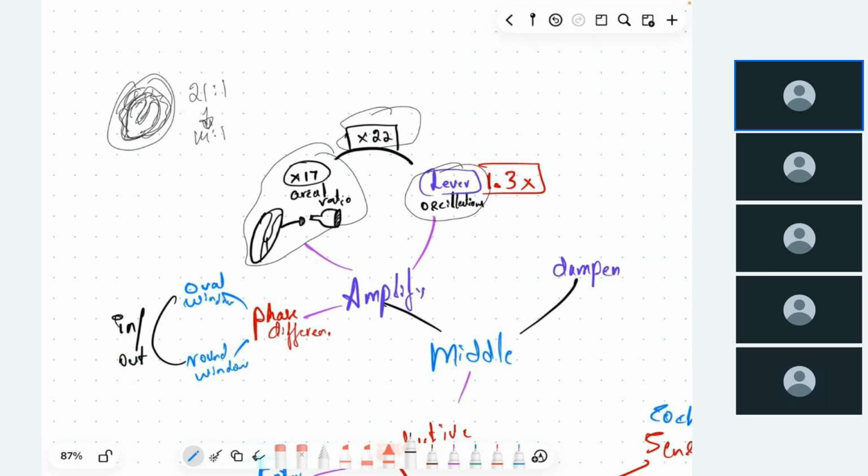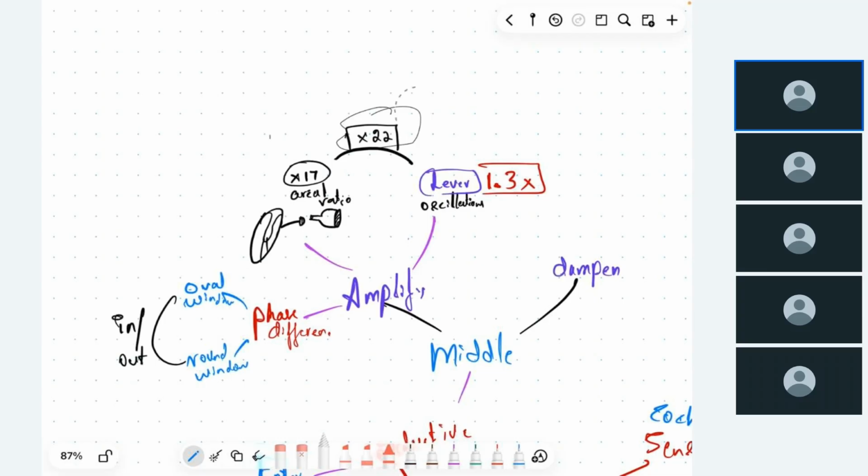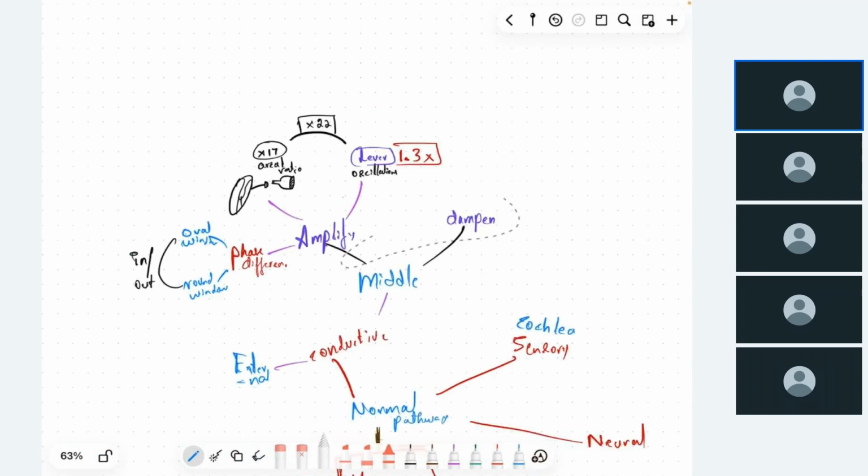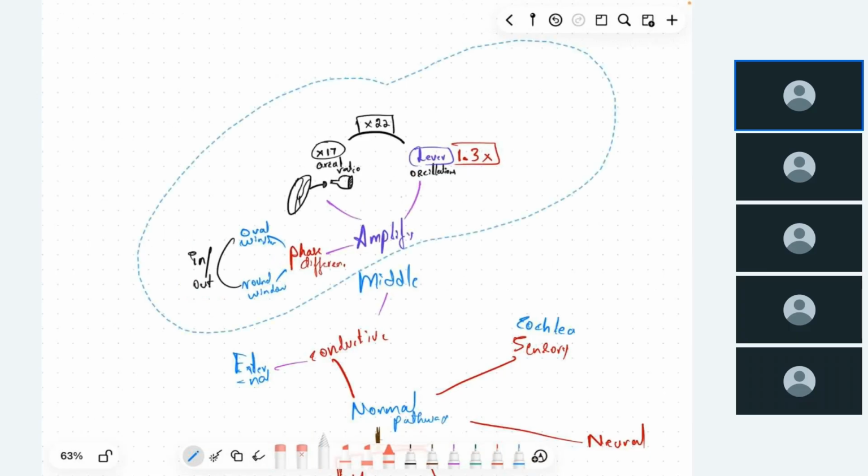I mentioned that lever action gives 1.3 times mechanical advantage. Here it gives us the 17 times advantage due to the surface area concept that I mentioned, leading on to the total transformer ratio of 22. Then there is the phase difference, which is responsible for amplification of sound. When the oval window goes in, the secondary tympanic membrane comes out.